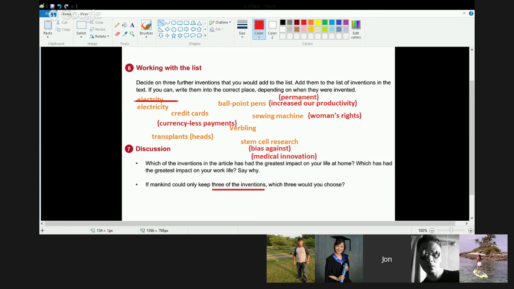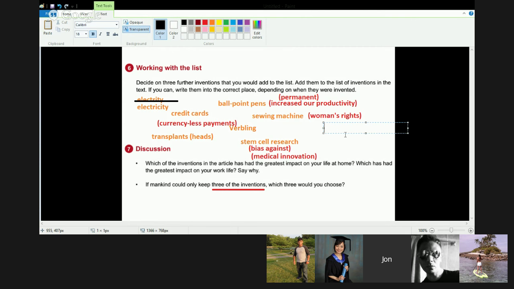Don't forget, from the article we also have television. Maybe I should put these there so you can see all the choices. From the article we also have television, we have the internet, World Wide Web, we have elevators. There were 6 or 8 of these?